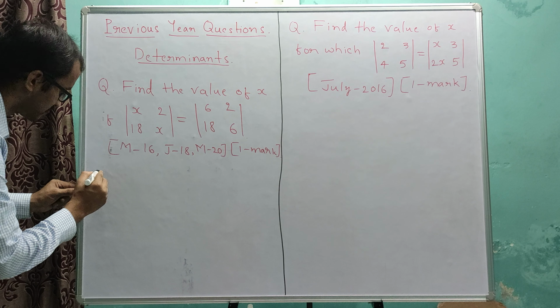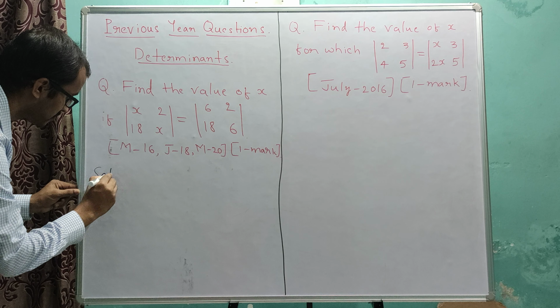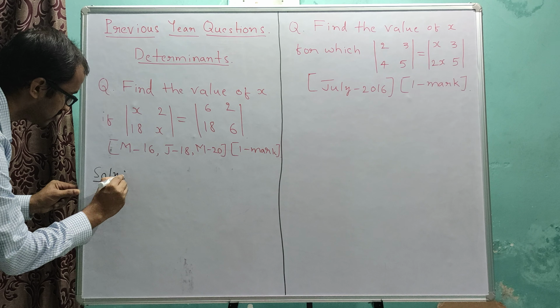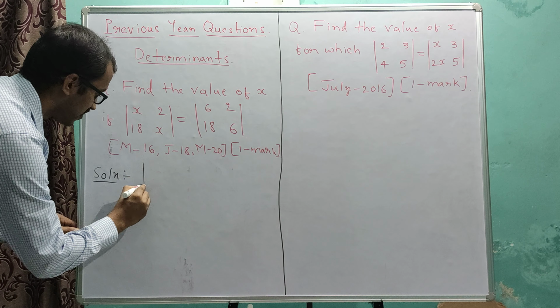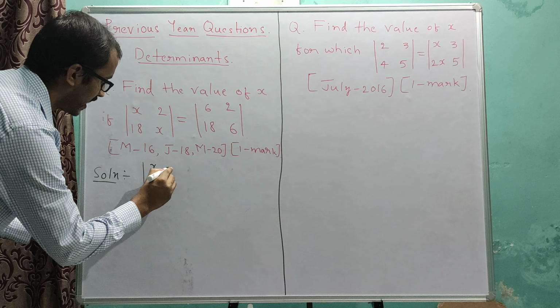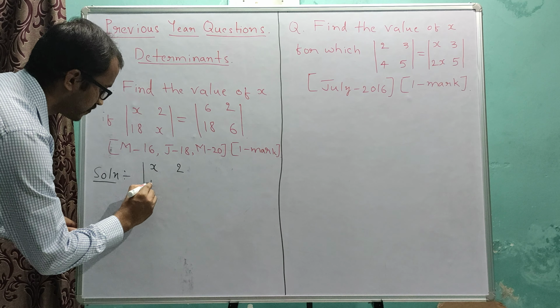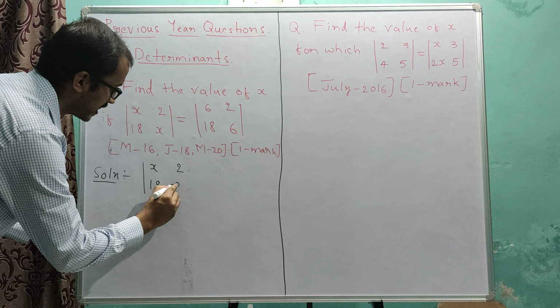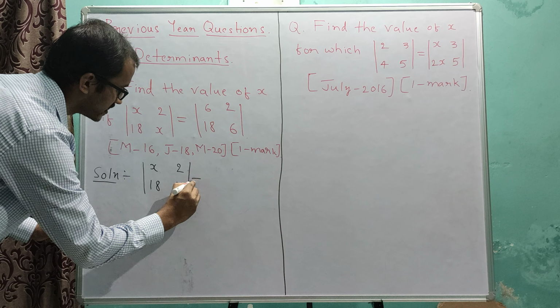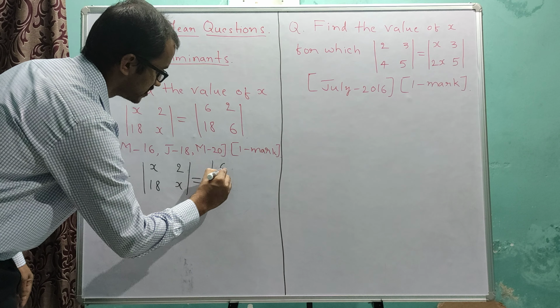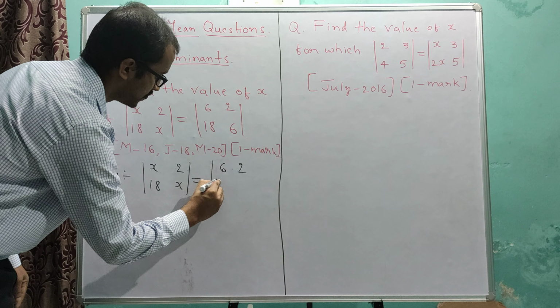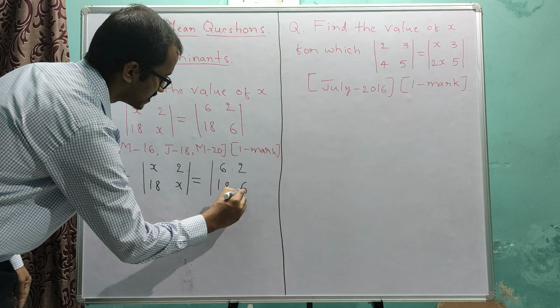So let us solve this problem. Given the determinant of x, 2, 18, x is equal to the determinant of 6, 2, 18, 6.